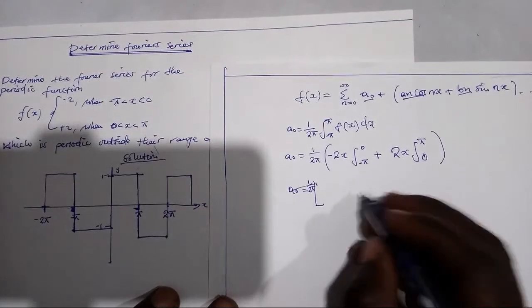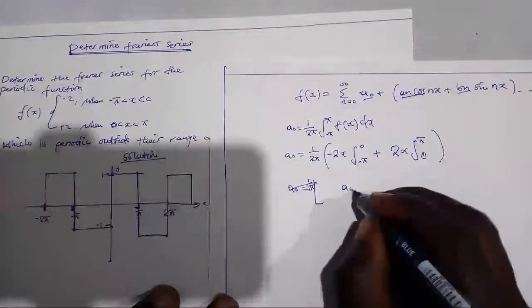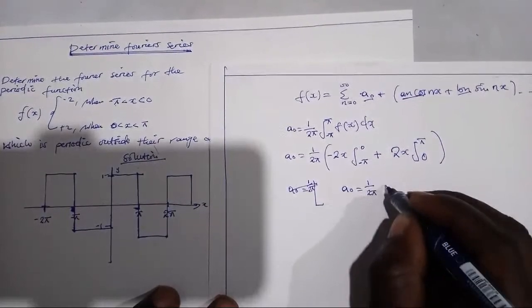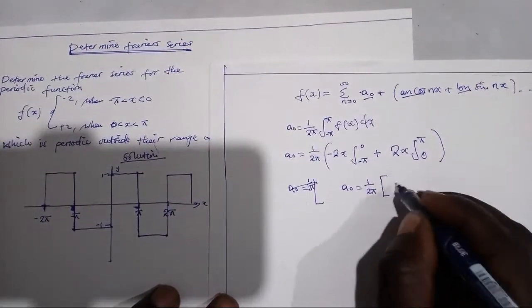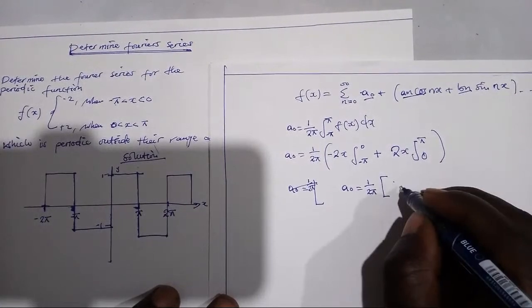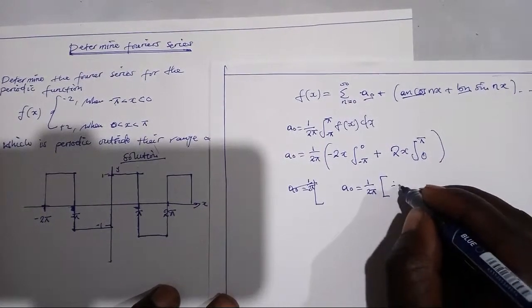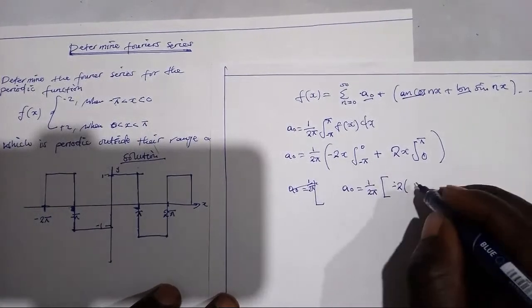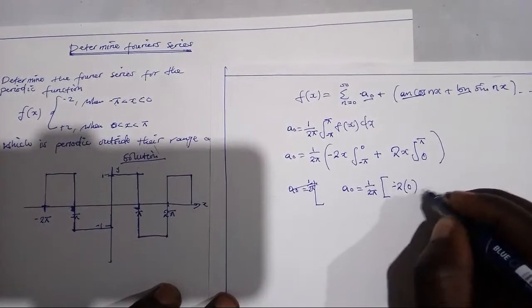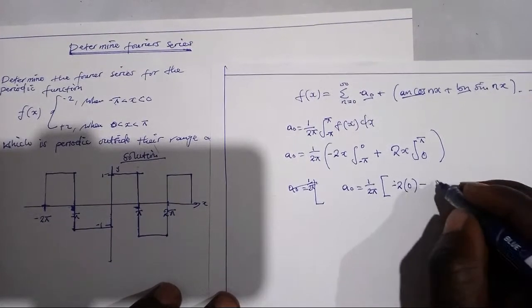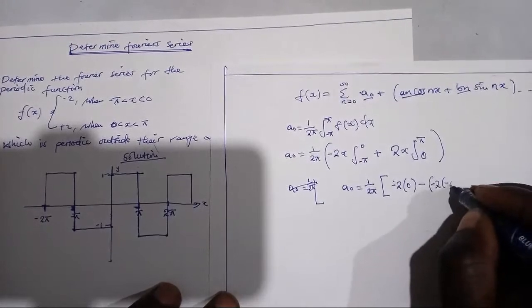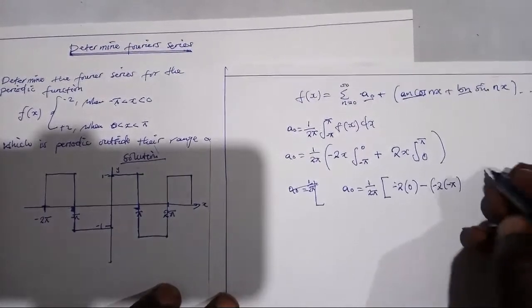We have a sub 0 equals 1 over 2 pi, open square bracket, then minus 2. Where there's x, we put 0, the upper limit. Then you subtract the lower limit, which is -2 times minus pi.